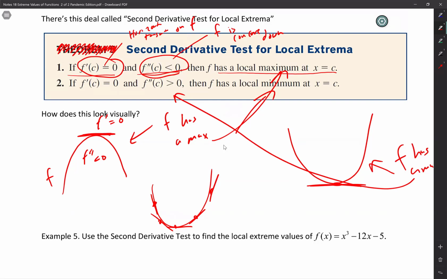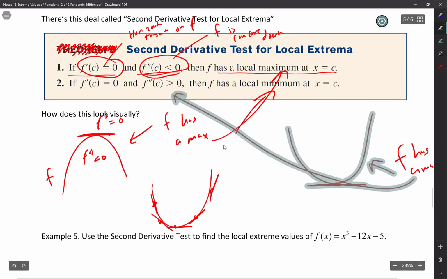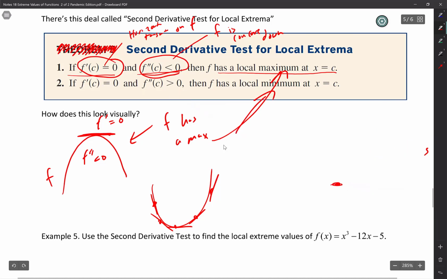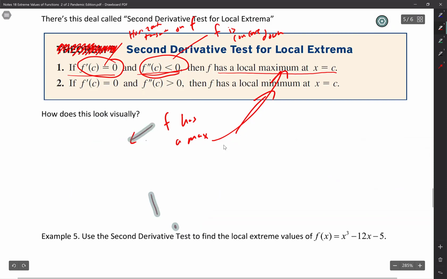So if we have a horizontal tangent at a location, it doesn't have to look like a parabola, guys. It could look something like this. I don't like the way that looks. Well, it's going to be a peak because obviously it's a max or a min, so it doesn't have to necessarily look like a parabola. And we'll try that out with Desmos so you can see. But they're going to have peaks there.